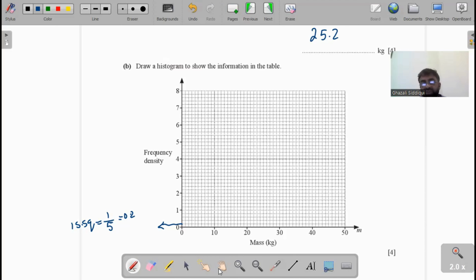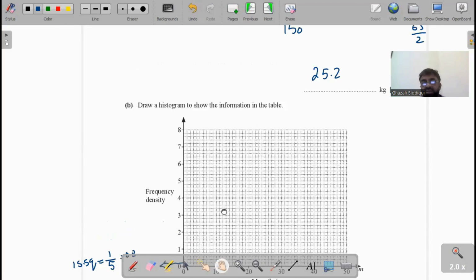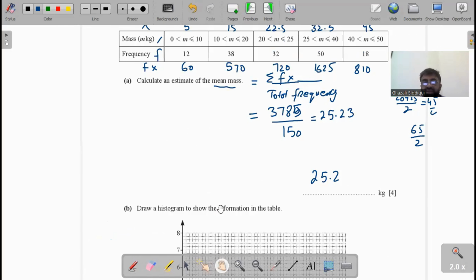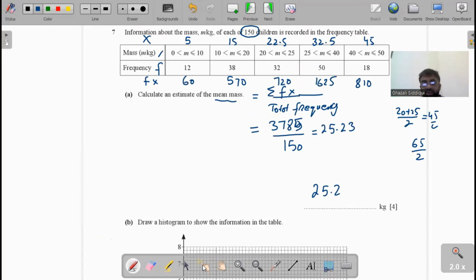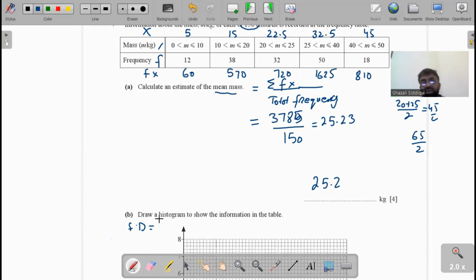Now firstly we find the frequency density. Here the frequency density formula is frequency divided by class interval, the class width. In the first interval we see that the class interval is 10.